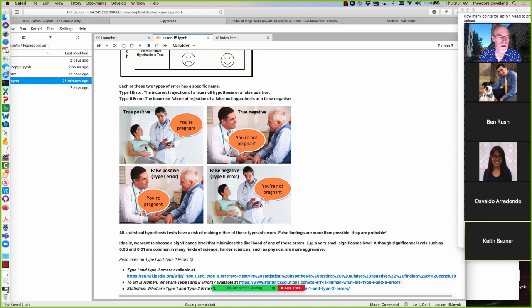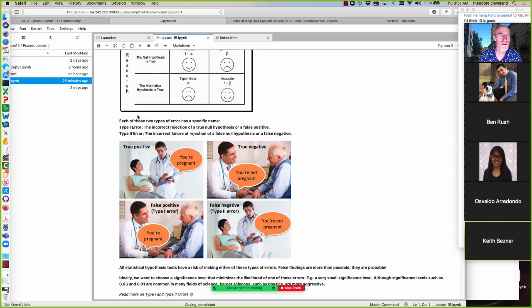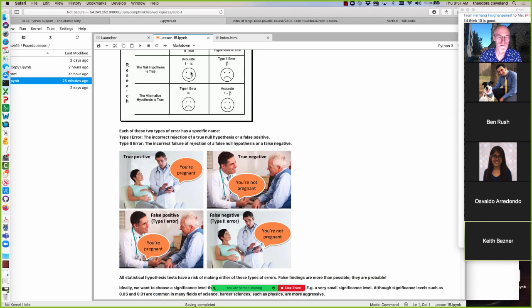So the pregnant woman is indeed pregnant, and the doctor does his hypothesis test, pulls out his Jupyter notebook running on his iPad, and concludes, "Ma'am, you're pregnant." So indeed she was pregnant, and the test indicated that she was pregnant. That would be a case of a true positive, and that's right up here, happy face.